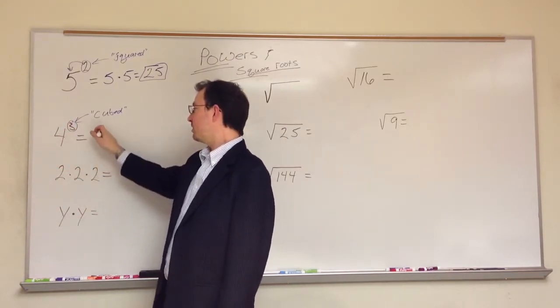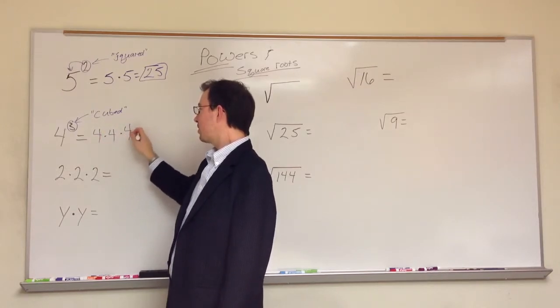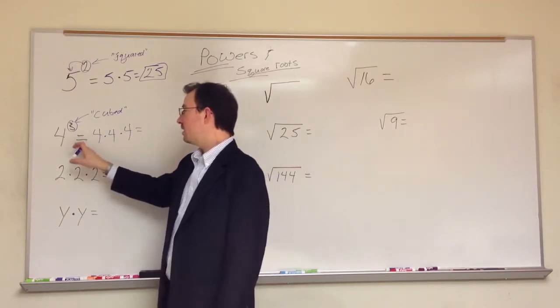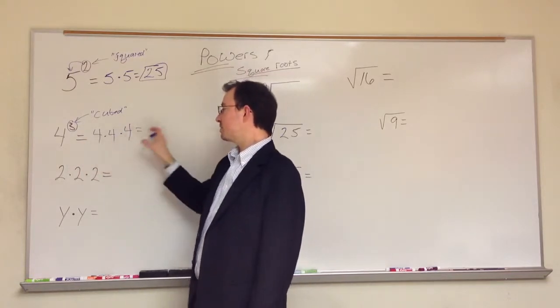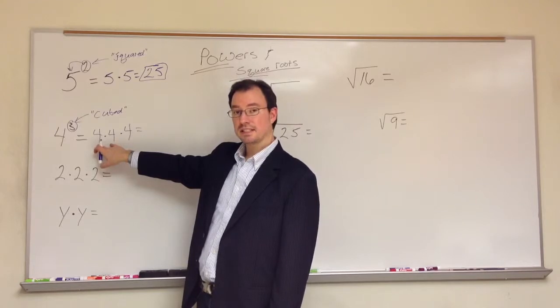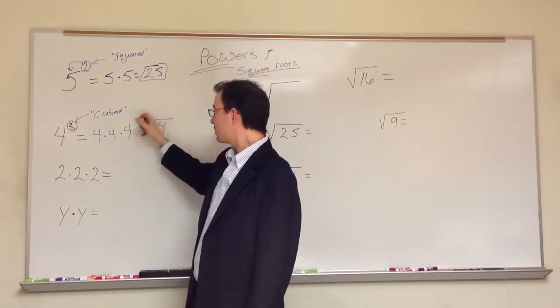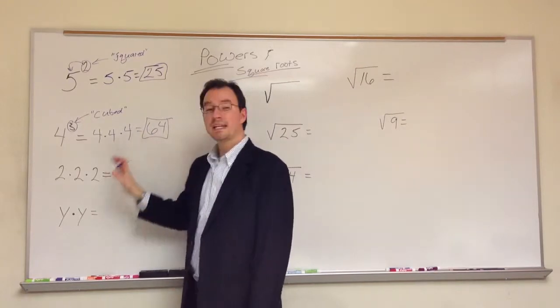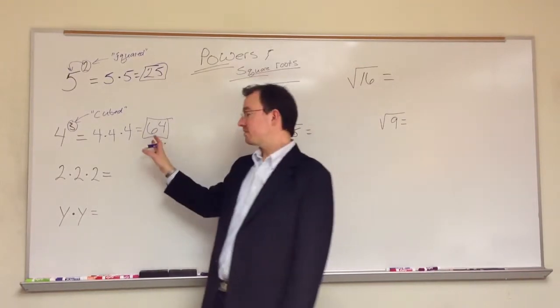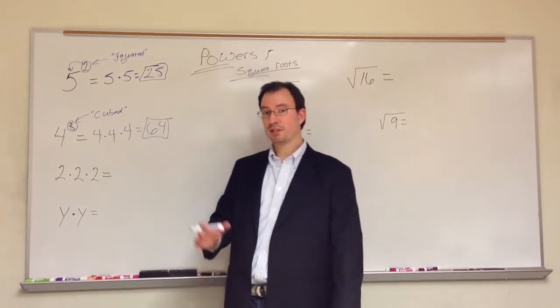So we have 4 once, 4 twice, 4 3 times. So it's not 4 times 3 is 12. We got 4 times 4 is 16. 16 times 4 is 64. So it's way different than 12. It does make a big difference depending on your number and your power.